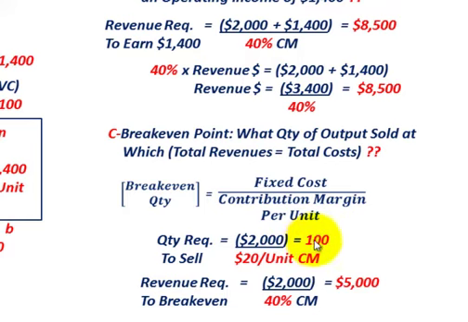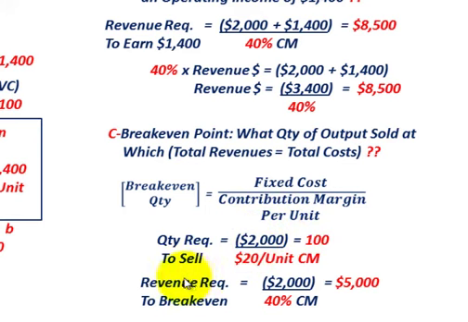So if you sell anything less than 100 units, you're going to be operating at a loss. Anything more than 100 units, you're going to be operating at a profit. But the key is you want to sell as many as you can. The more units you sell, the greater operating profit you have. The fewer units you sell below your break-even point, the greater loss you're going to have.